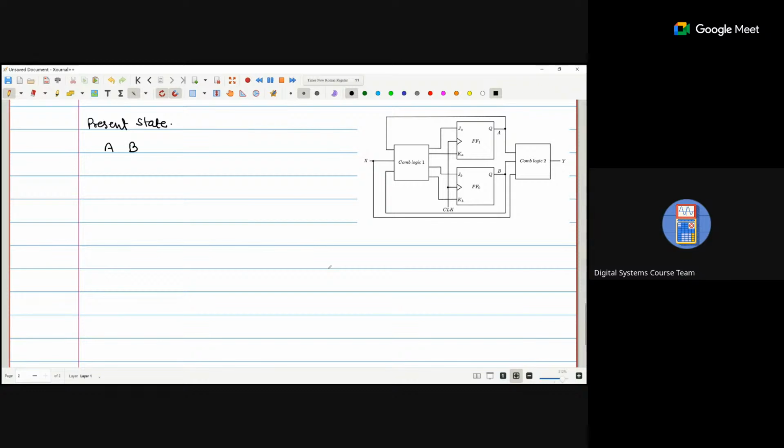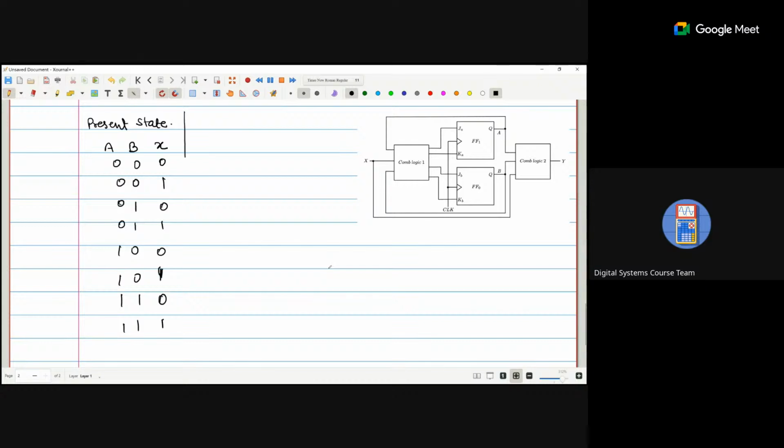for A, B, it becomes 0, 0, 0, 1, 1, 0, 1, 1. And output is X: 0, 1, 0, 1.